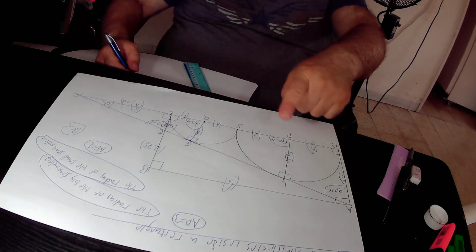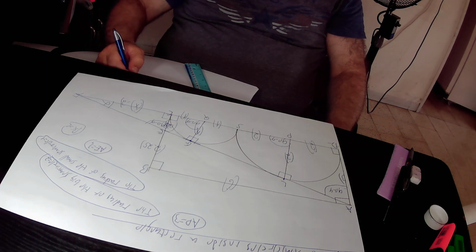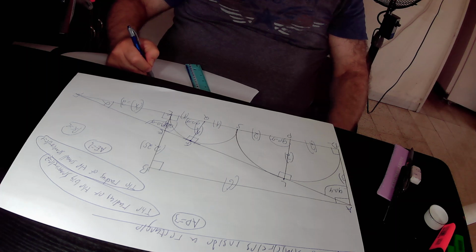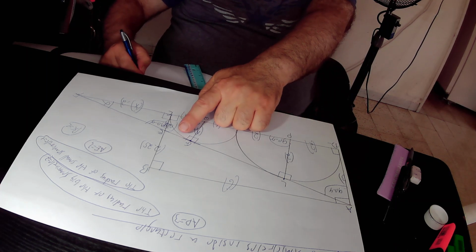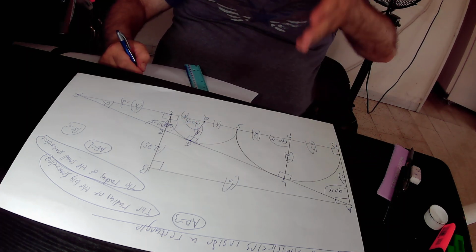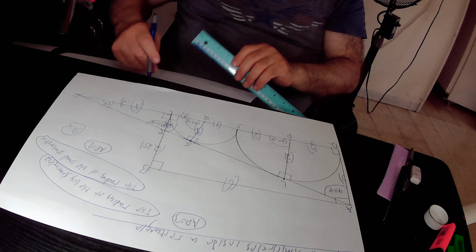Side AB equals 6 units in length. Side BE equals 2.25, and the hypotenuse AE is the missing side. AE is the line segment that we are looking for in this question.